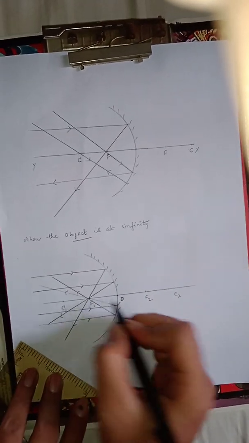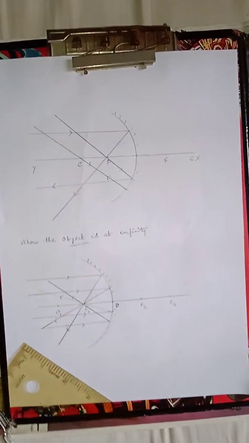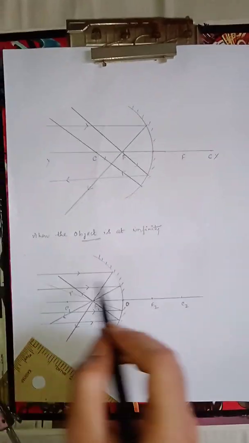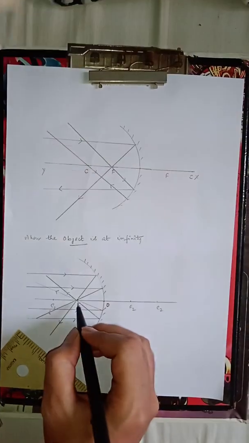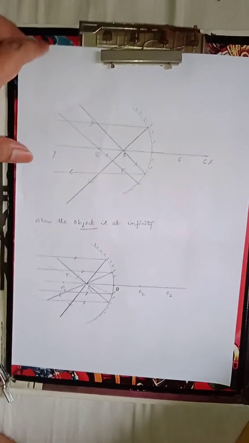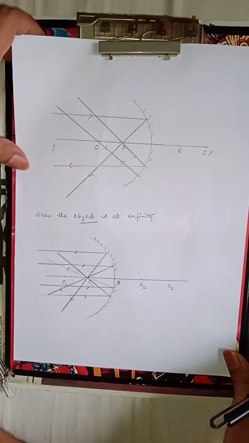So we can see that when the object is at infinity, all the rays are converging at the focal point. So the image will basically be a point image.